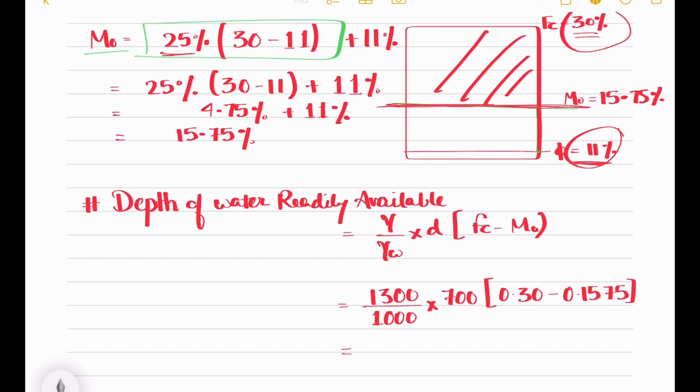Okay. So on solving it, the depth of water that is readily available will be 129.675 mm. All right. So this is the depth of water that is readily available.